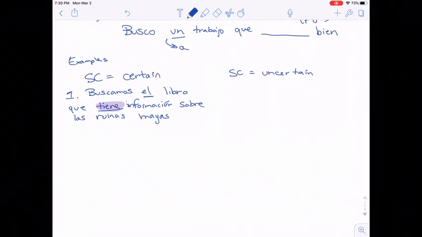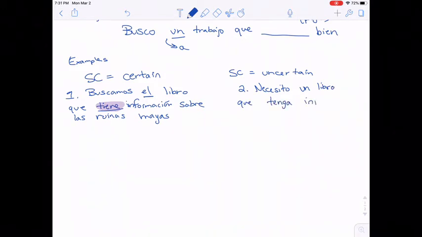And then an uncertain would be necesita un libro que tenga información sobre las ruinas mayas.